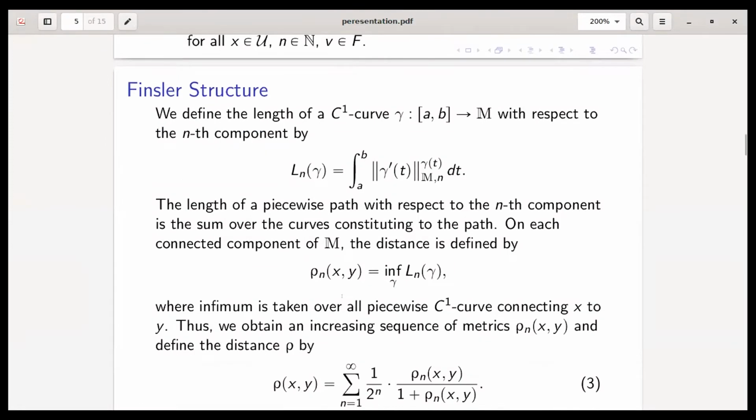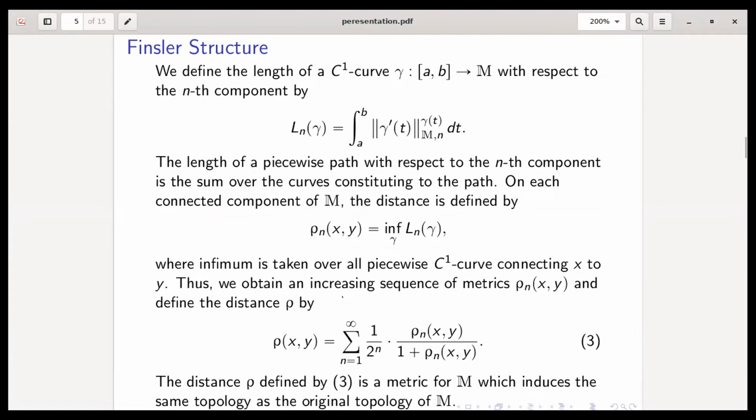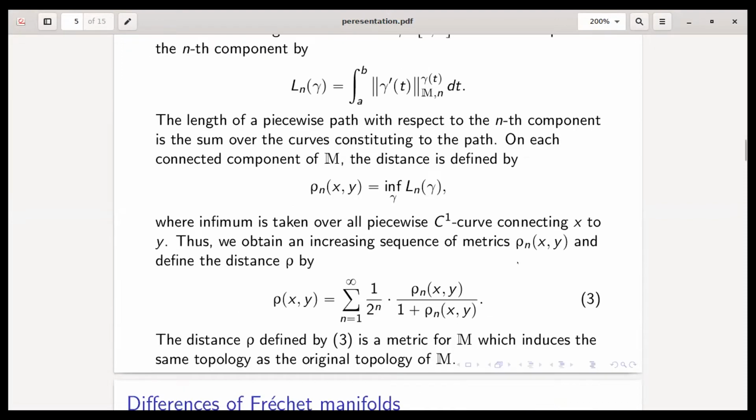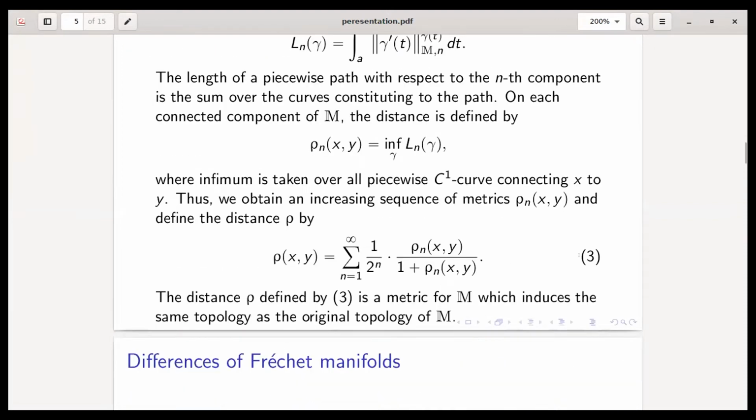Once we have a Finsler structure, we can define the length of a curve with respect to each component, and we can define a metric here in equation 3, a metric that generates the same topology as the original topology of the manifold. This metric is called the Finsler metric.